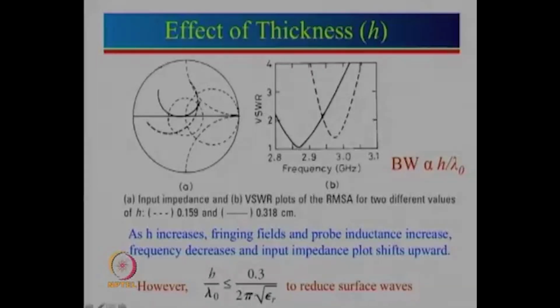There is a second effect. When we increase the thickness of the substrate, the length of the probe feeding from the ground plane to the patch increases, and the probe inductance is inversely related to the diameter and increases with height. If the diameter is more, probe inductance will be less, and if the height of the probe is more, its inductance will increase.